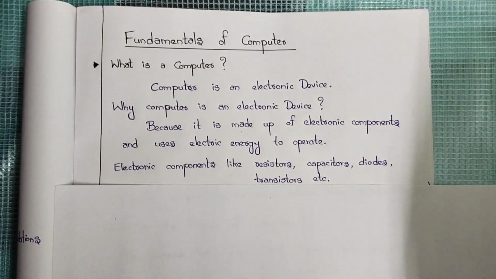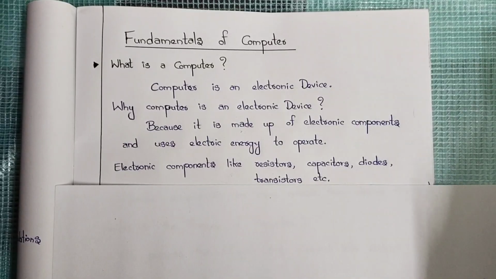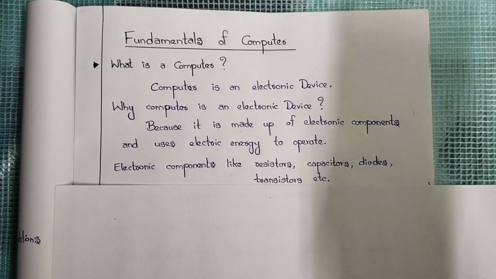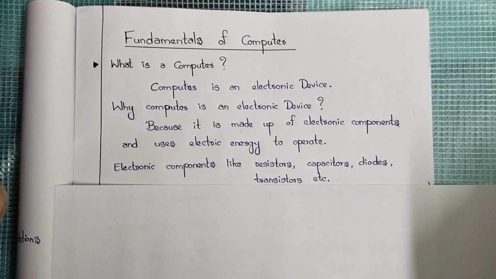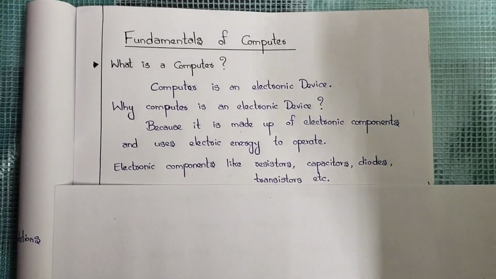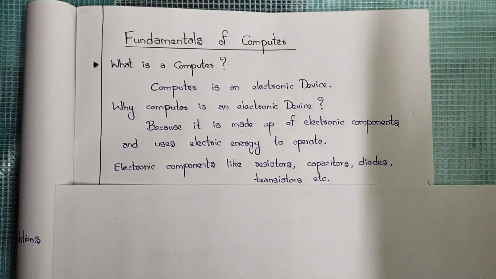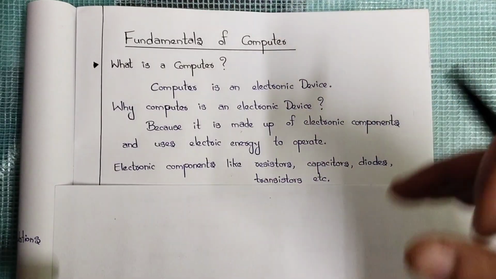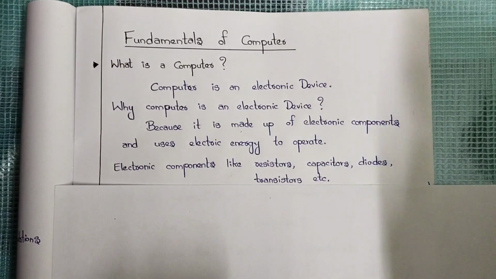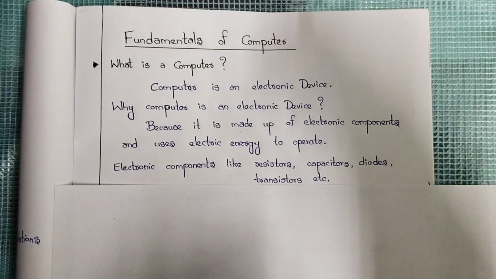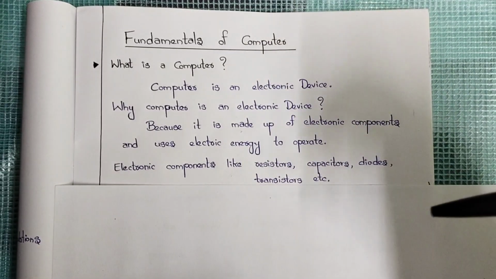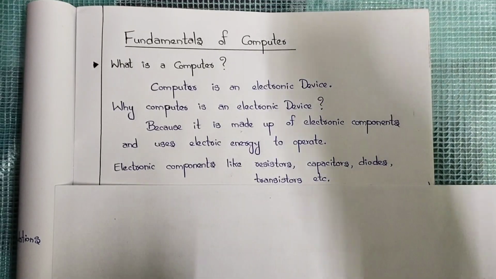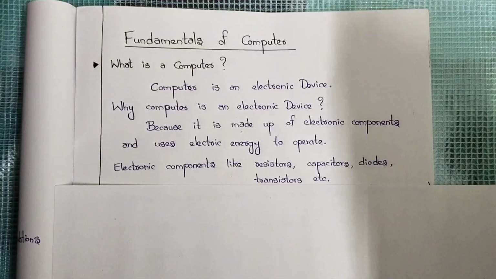What I'm trying to explain right now is that a computer is called an electronic device because it is made up of electronic components. These electronic components make the computer special because they are more reliable. So even if there is a fluctuation in current or anything, the computer is going to stay the same.